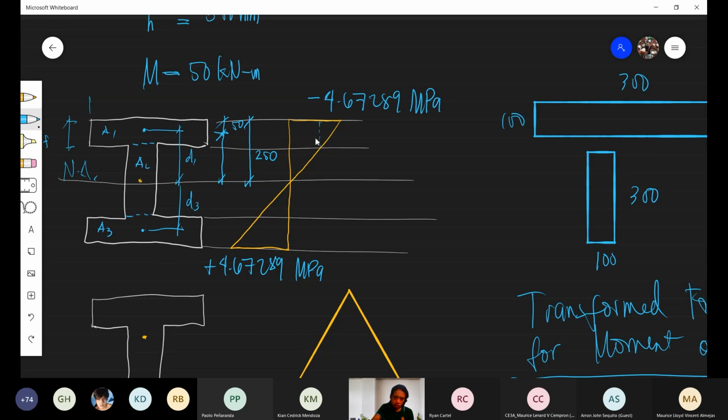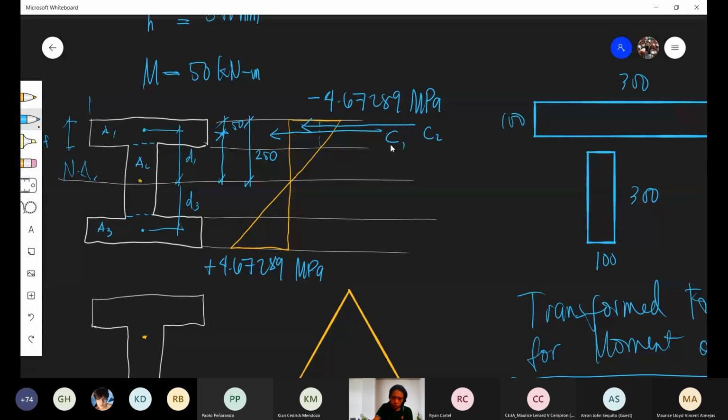So for the rectangle, let's denote the force then rectangle as this force. Okay? Acting at the centroid of A1, of course, this let's name it as in compression 1, so C1. Tapos may nakita another force. Let's name it C2.